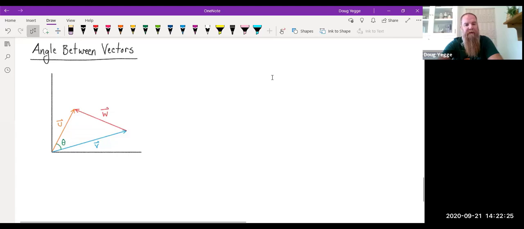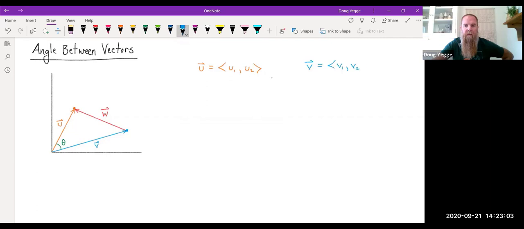Now, one more aspect of vectors that we're going to be able to find is the angle between two vectors. So let's assume that we're given vectors u and v, and let's just say that u is the vector <u1, u2>, and let's say that the terminal point of v is <v1, v2> in angle brackets, our component form.